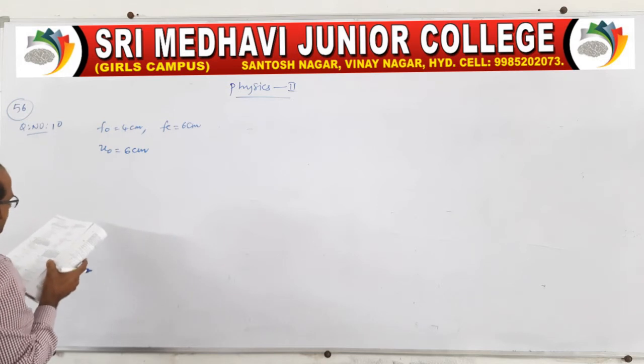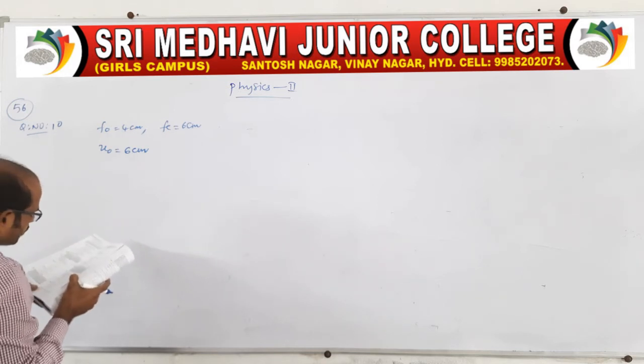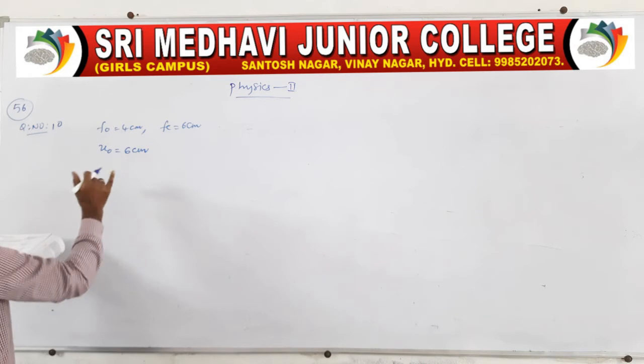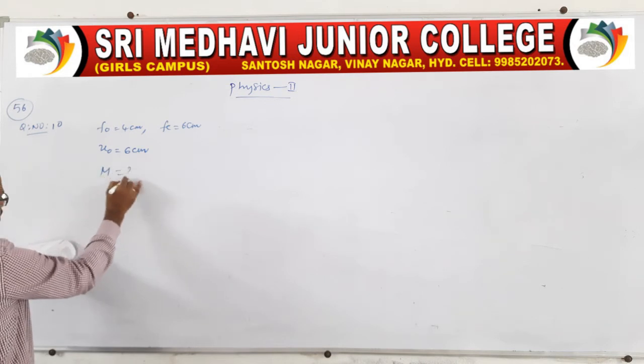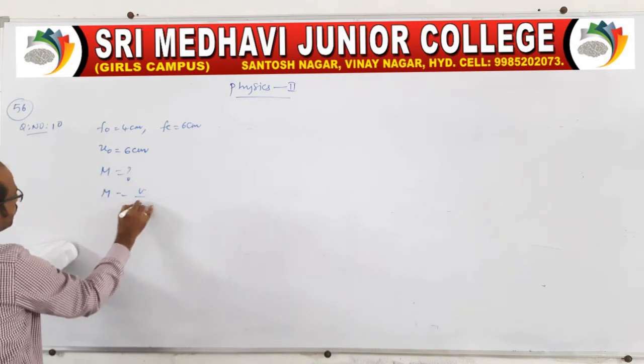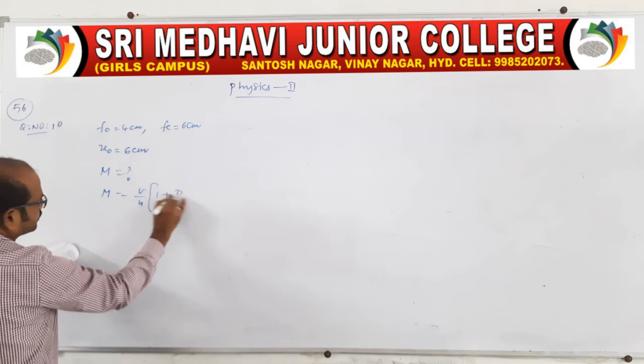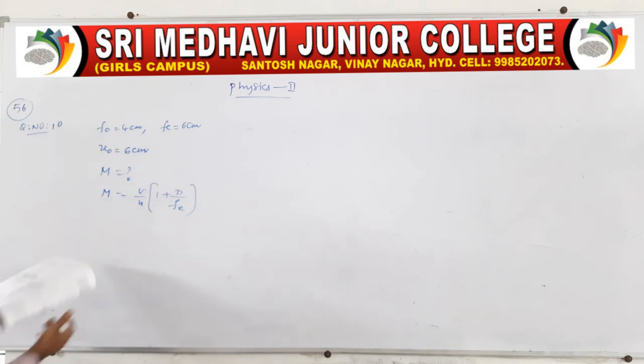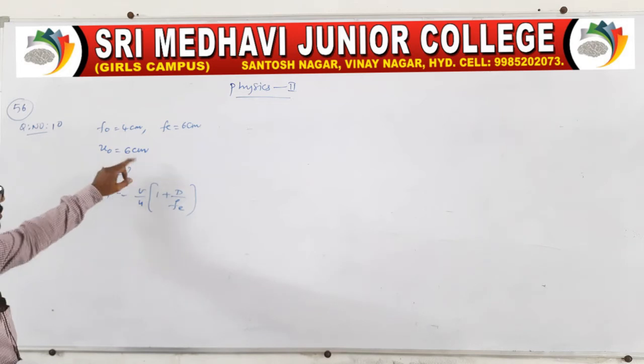What is the final magnification produced? Capital M is asked. Capital M is equal to v by u, 1 plus D by fe. Of course fe is there, but we don't know the image formed by the objective lens.